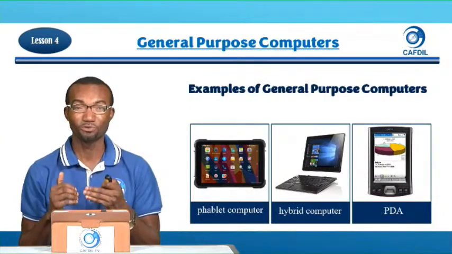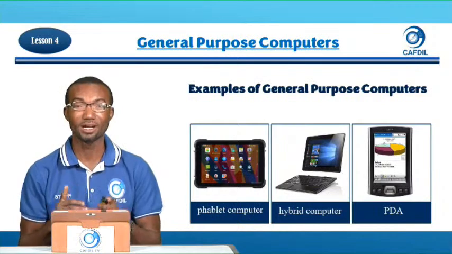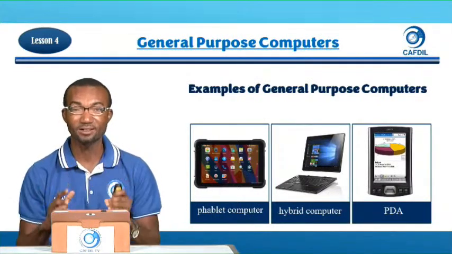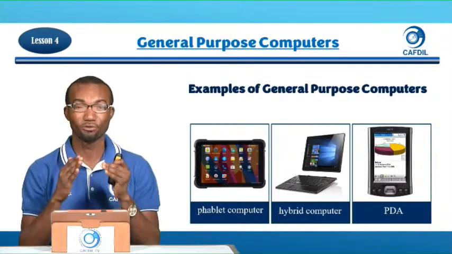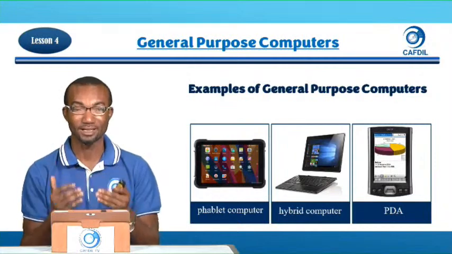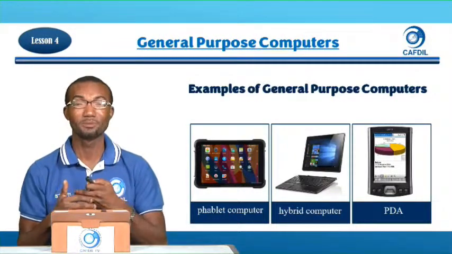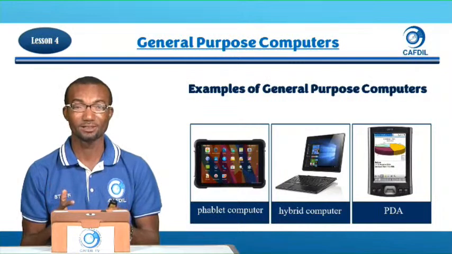And this also falls under general purpose computers. So viewers, when we talk about general purpose computers, it can be used for more than one task. In short, it can be used for many tasks. So that is general purpose computers.